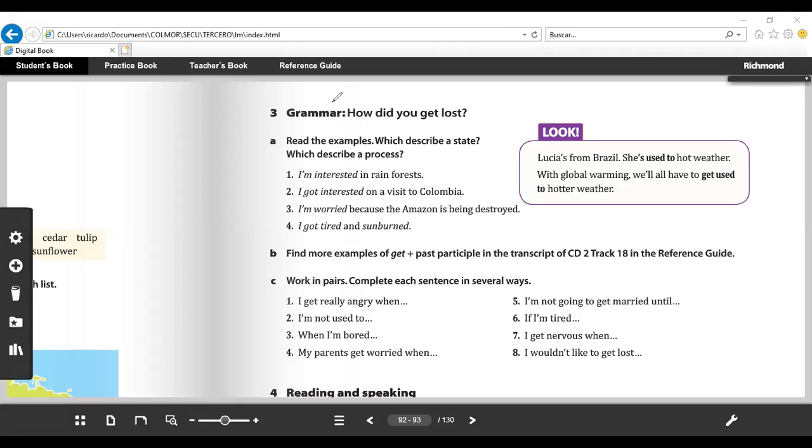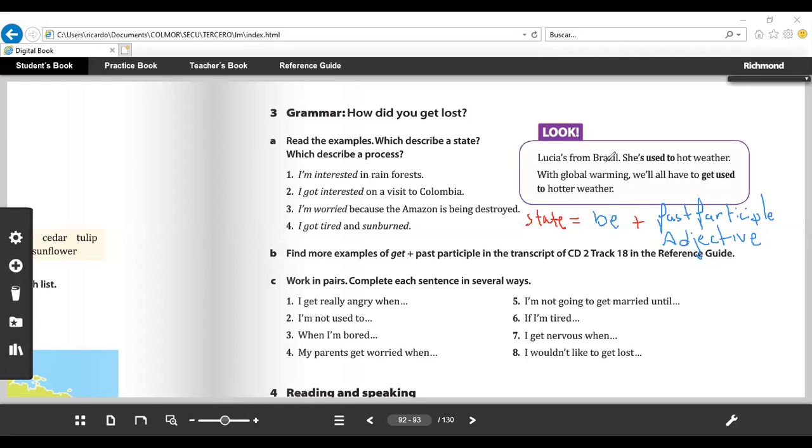If you want to describe a state, I'm going to write it right here, a state, you have to use, I'm going to change the color, I'm going to use blue, be plus past participle, or you can use an adjective. In this way, you can express a state.